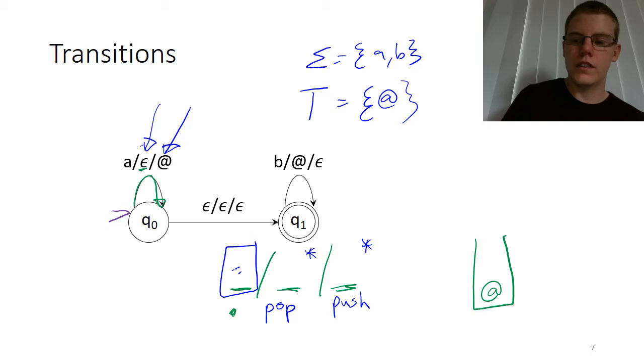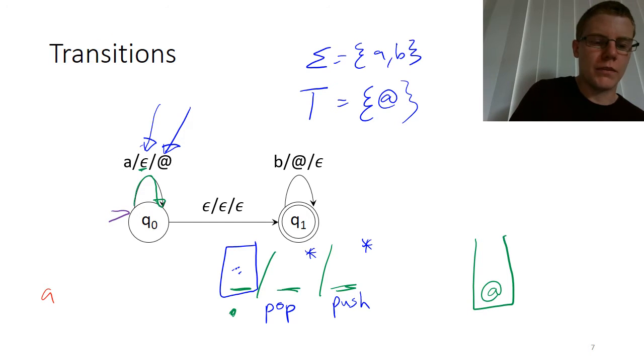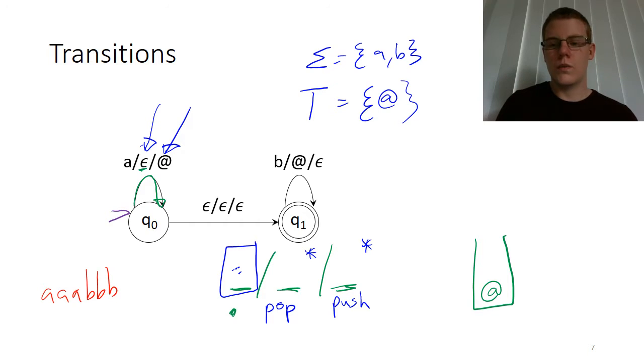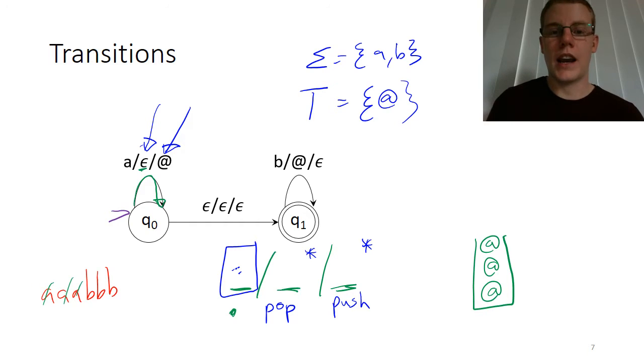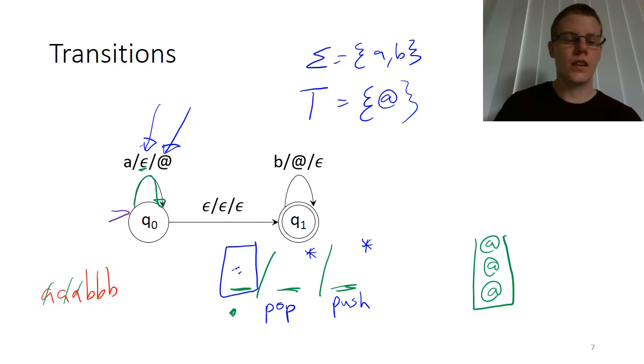So if we have the same string that we had before, A, B, B, B, then we will go through seeing each of the A's and following that first transition, and we will push an at onto the stack.